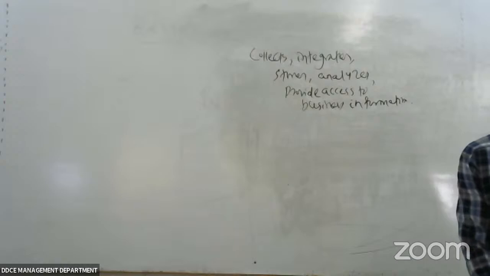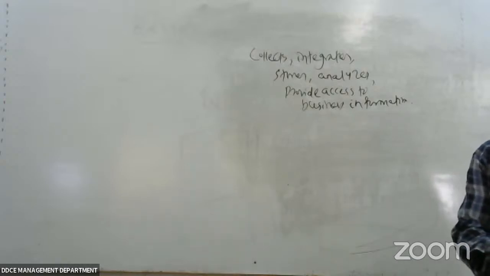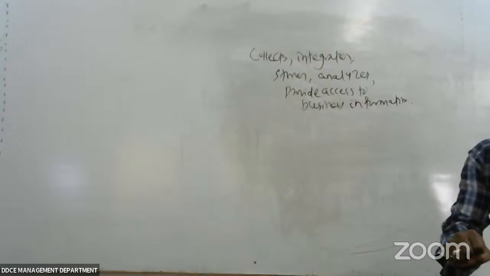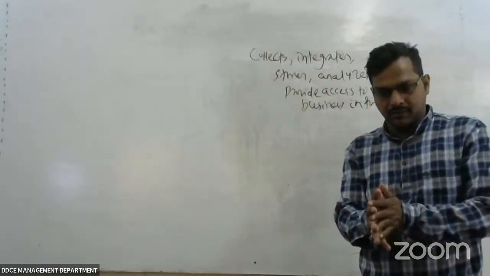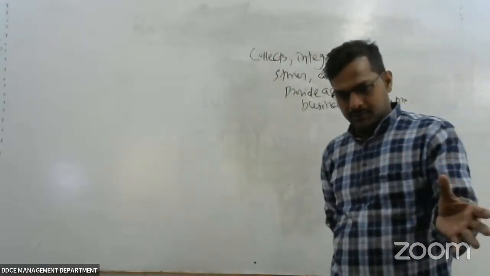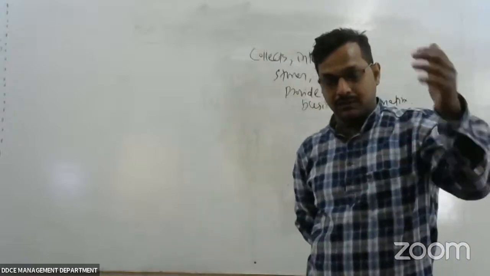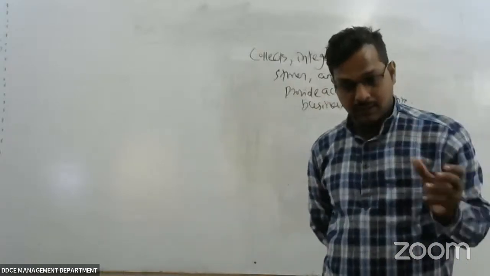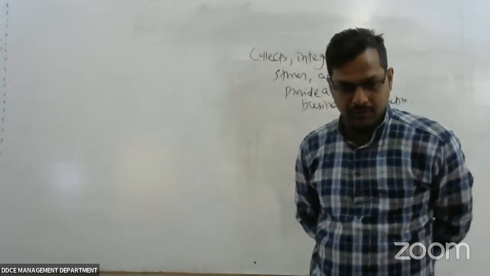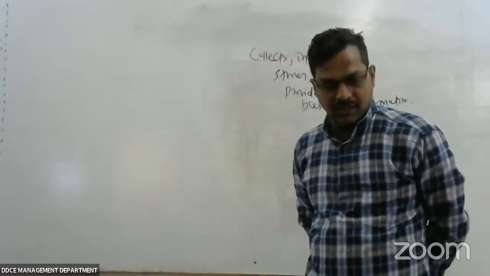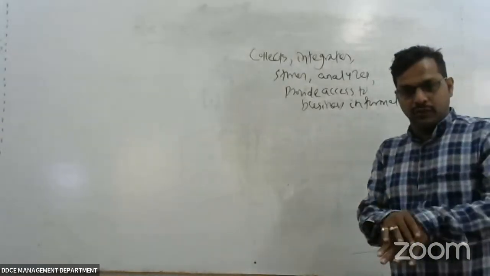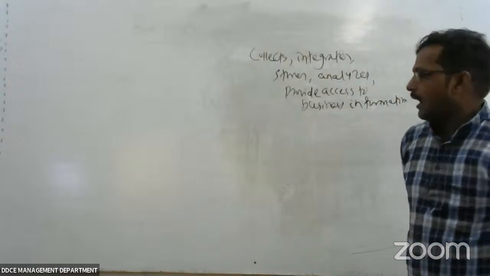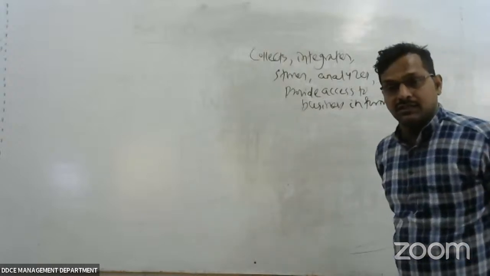First we have to collect it and integrate it, because there are different sources. We have to integrate it because operations are going on in a number of geographical locations. So we collect from different sources and geographical locations, integrate, and after integration we store it, then analyze it and provide access to business information.